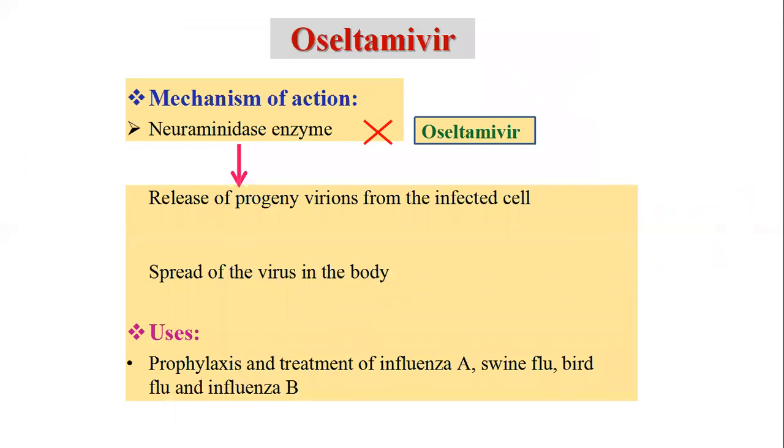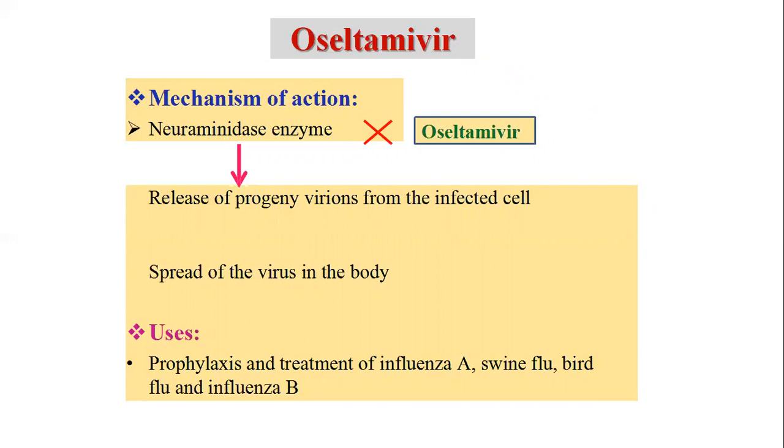Next one is oseltamivir. Oseltamivir acts against neuraminidase. We know that neuraminidase has a function that helps the progeny virus, or progeny virion, to come out from the infected cell and spread the virus to other normal cells throughout the body.